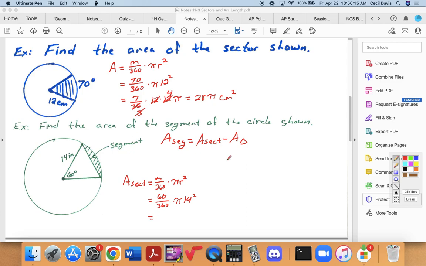Let's see, 60 over 360 is 1/6 times 14 times 14 times pi. Let's see, 7 times 14 is 98. So it's 98 pi over 3. Icky.